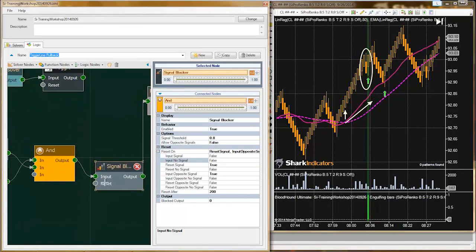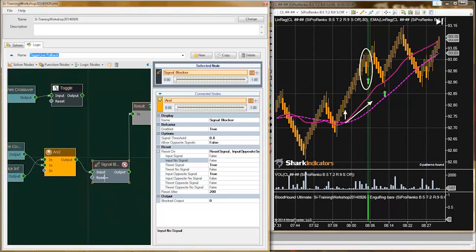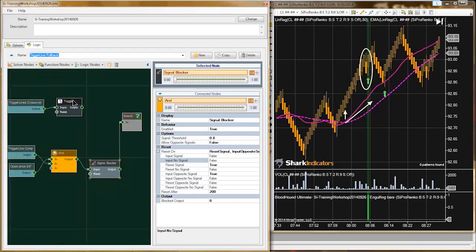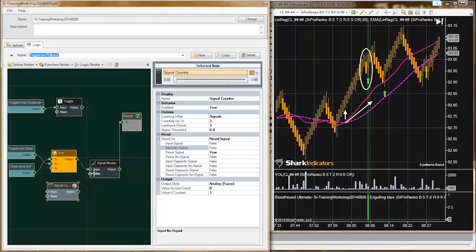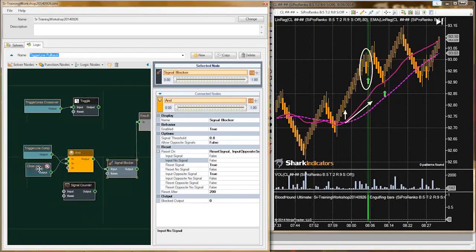So let's scroll in here. The signal blocker has a reset as well. So I'm thinking I'll use the signal counter in combination with the signal blocker.